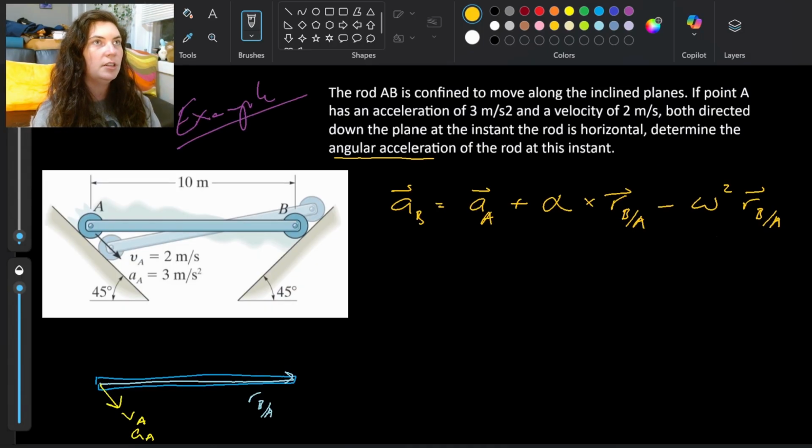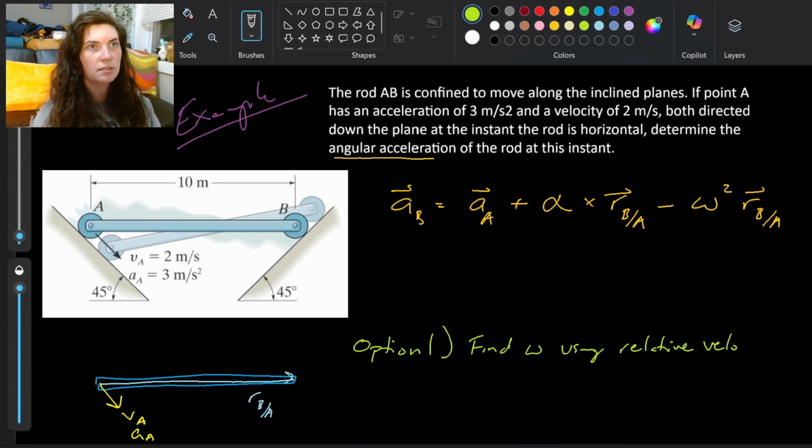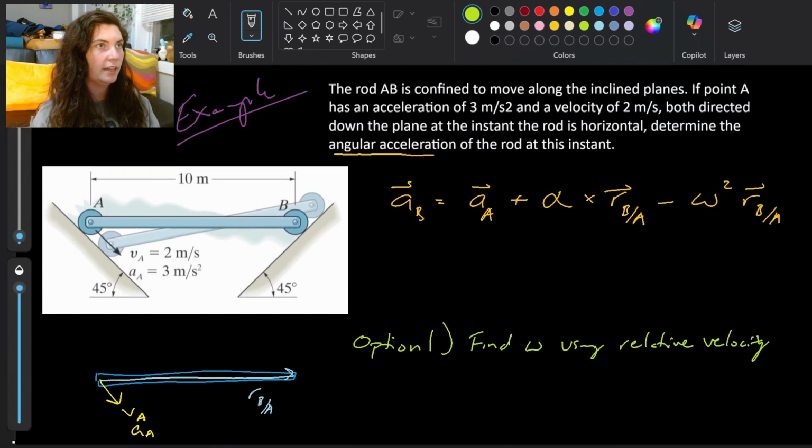So first, let's just say this is option 1. You could find omega using relative motion velocity. So using relative velocities, we can find omega.